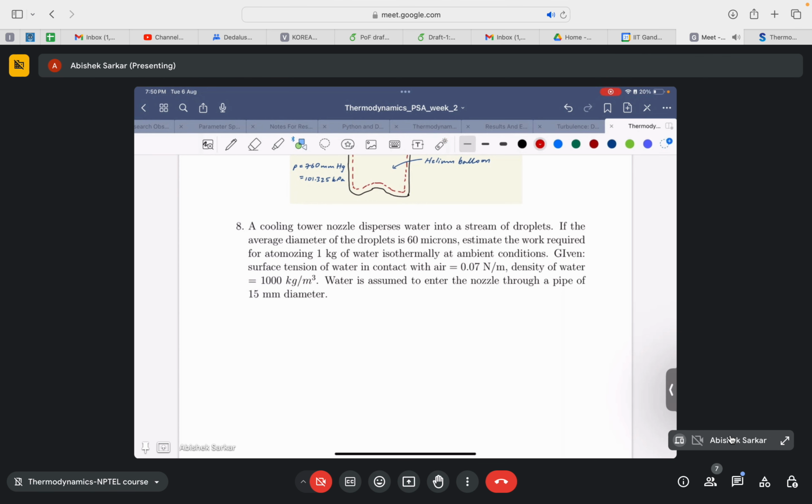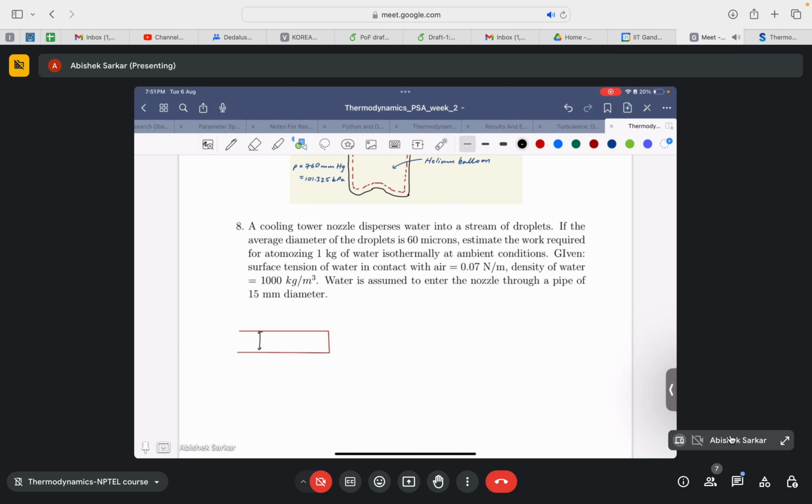Okay. So the question is that there is a pipe having a diameter of 15 millimeter, and water flows out of it in the form of droplets. Basically water is being atomized.